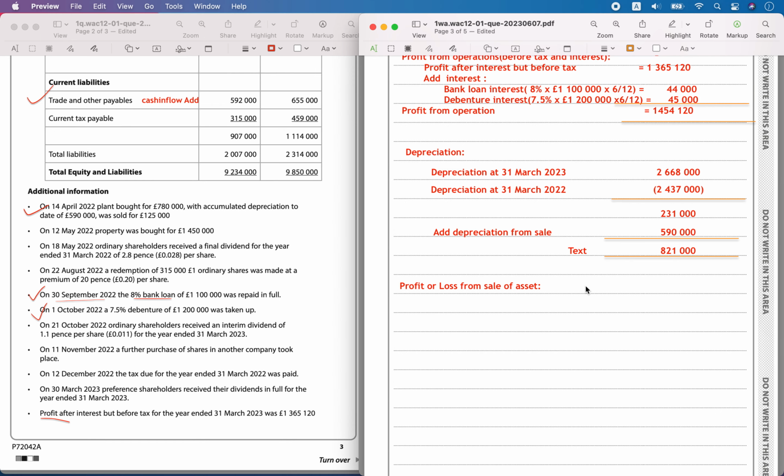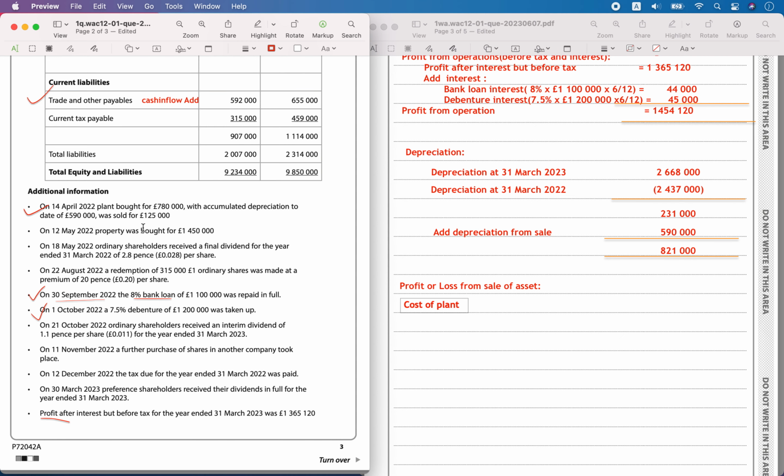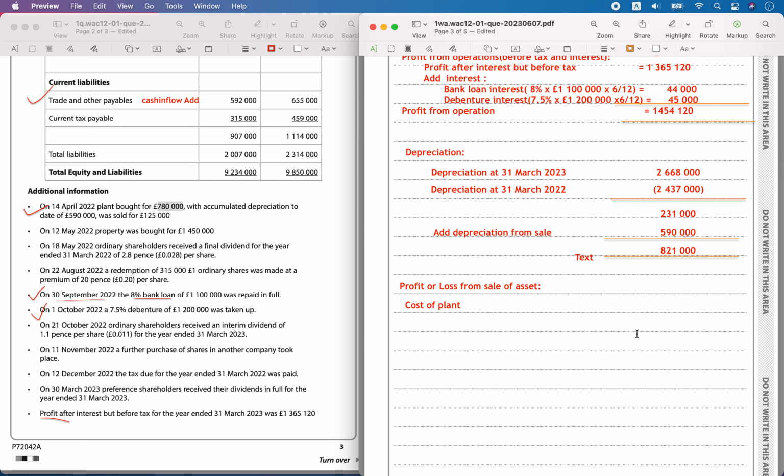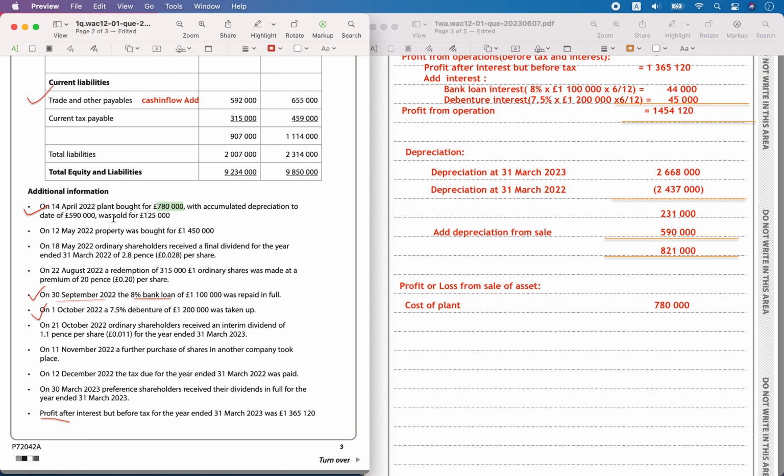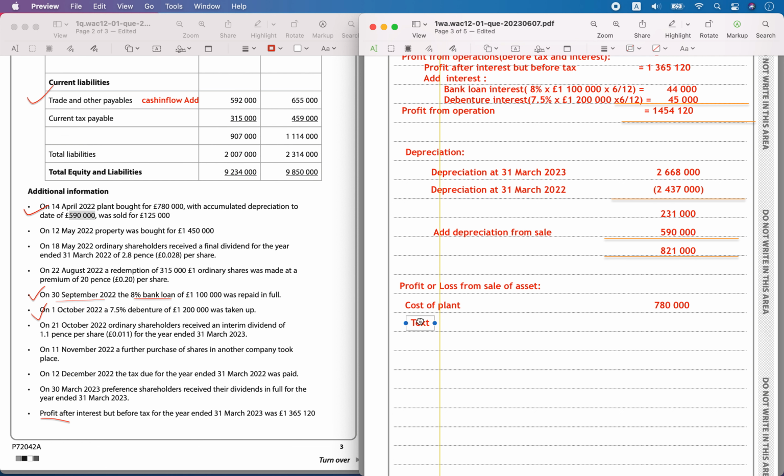For this we know that the cost of the plant was 780,000 pounds, and then it had an accumulated depreciation of 590,000.